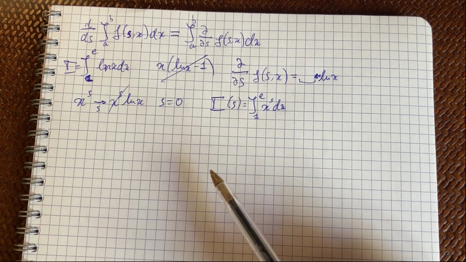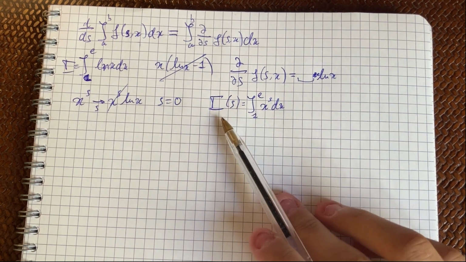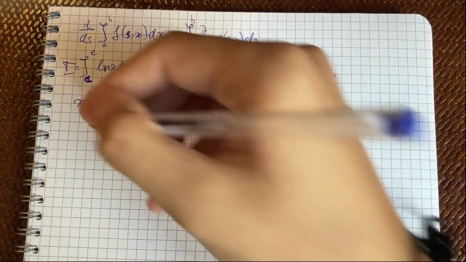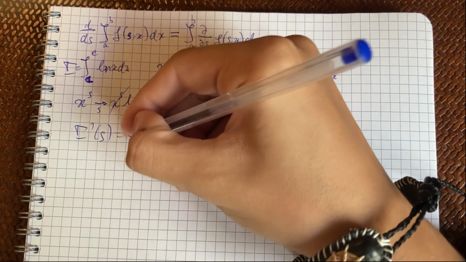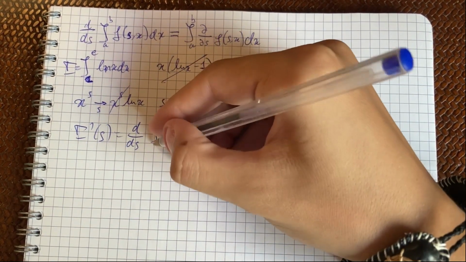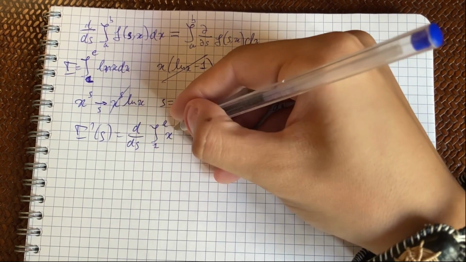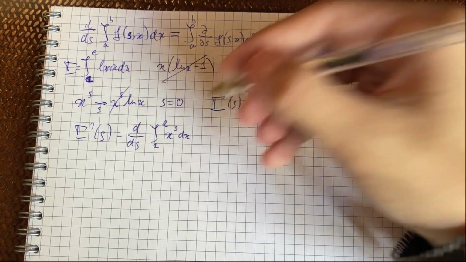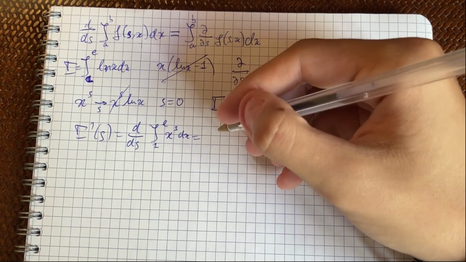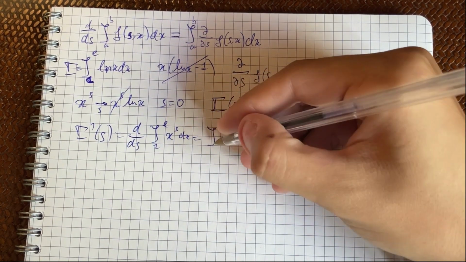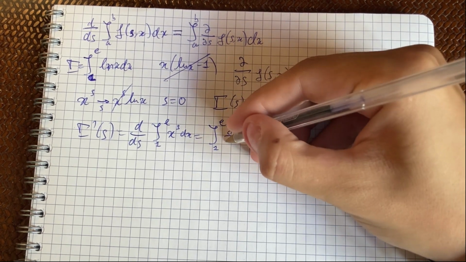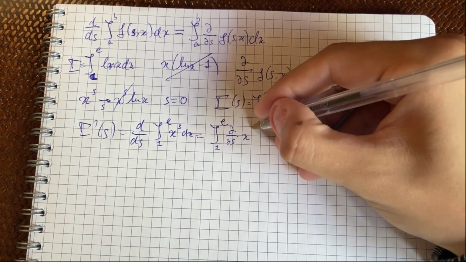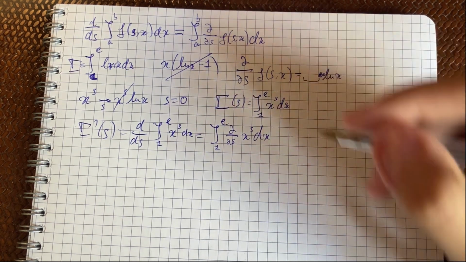Our general integral is I of s, and by differentiation we have I prime of s equals d by ds of the integral from 1 to e of x to the s power dx, which is, according to Leibniz rule, equal to the integral from 1 to e of del by del s of x to the s power dx.